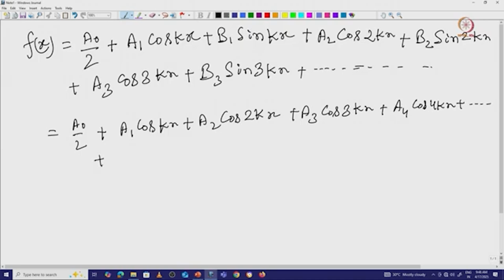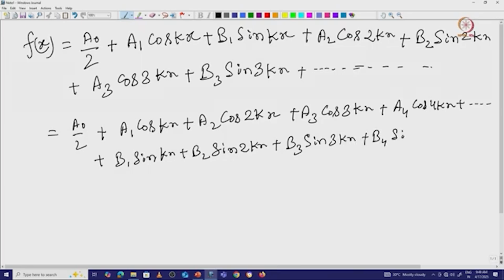Same thing is possible for the other one, that is B1 sin kx plus B2 sin 2kx, B3 sin 3kx and B4 sin 4kx. You can see that frequency is changing and amplitude is also changing.